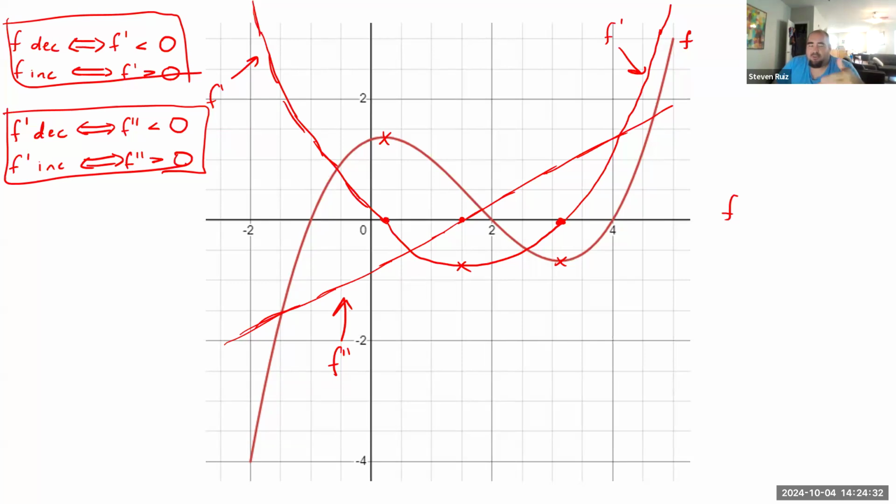Not a simple question to ask, but it's simpler than that other alternative. So when you're doing tasks like this, especially as we're just getting started, it's usually best to step through it step by step. Don't jump from f to f double prime. That's a tall order. A much more manageable thing is to go from f to f prime and then to f double prime. So I believe we have our graphs.